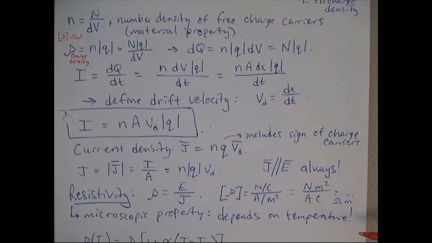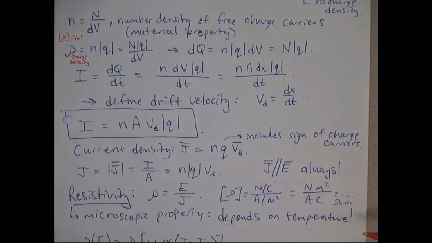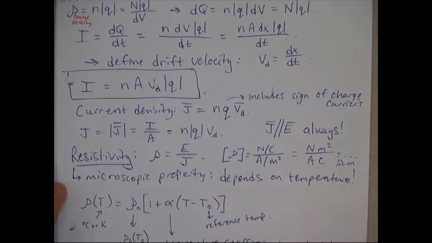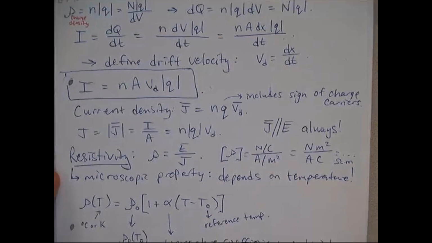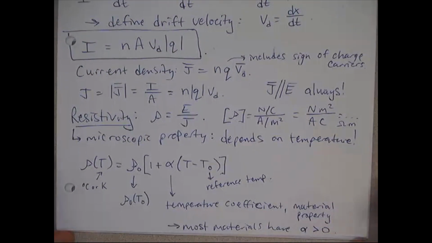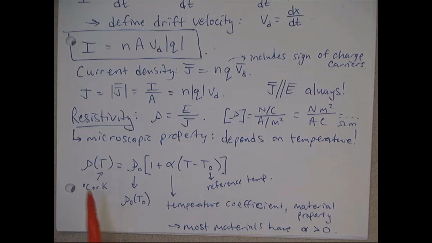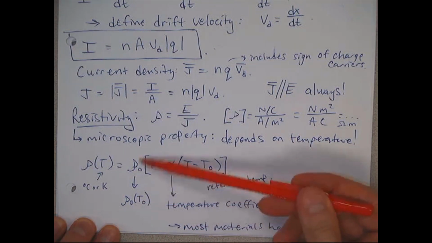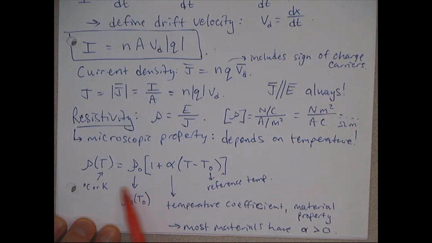Now this is a microscopic property of each material. It has to be measured. And we find that our measurements of resistivity actually depend on the temperature. So the resistivity as a function of temperature, that could be in degrees Celsius or absolute temperature Kelvin, is some reference resistivity, usually taken at room temperature or something similar to room temperature.